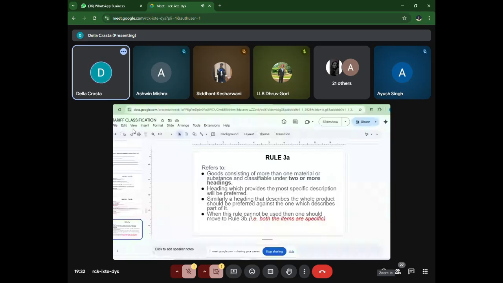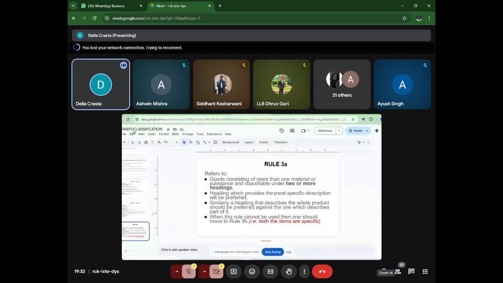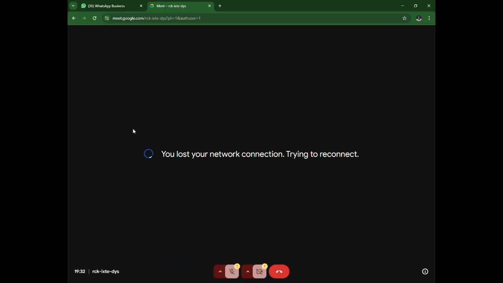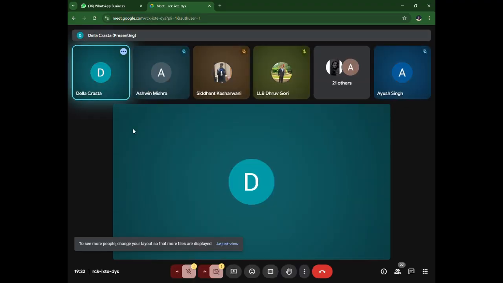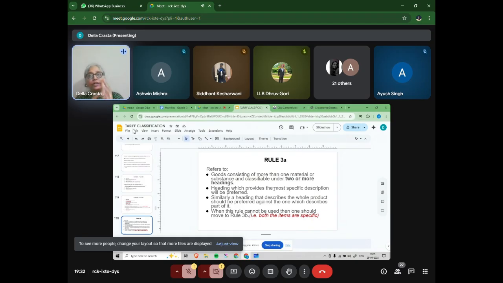So if you have one product with two components, and the product A has... rule 3a says that the one which has the most specific description, you will have to classify as per that.